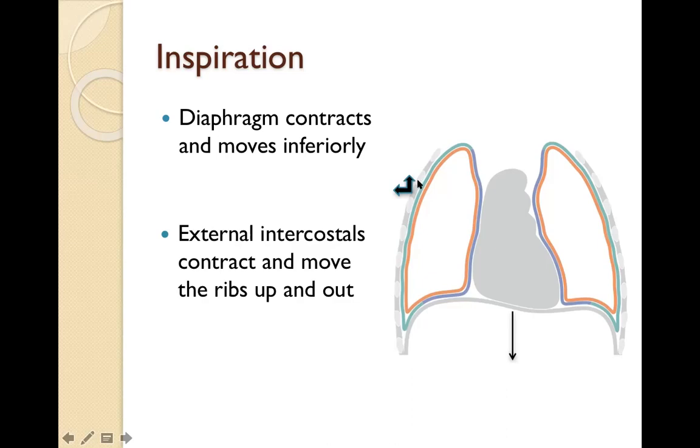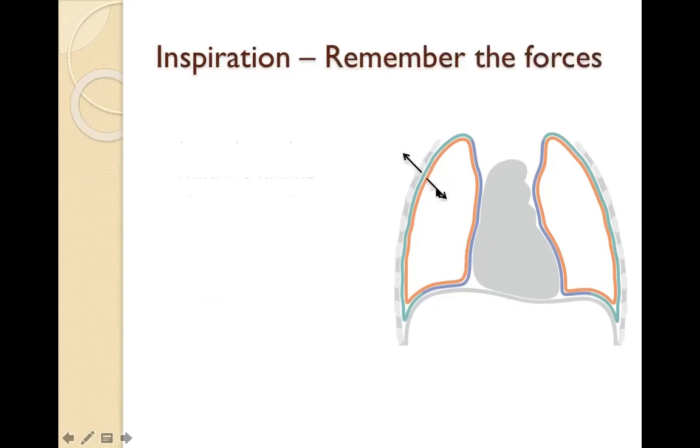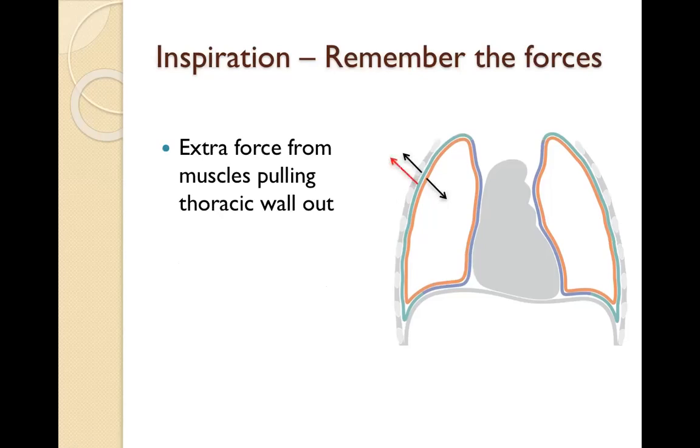which is actually kind of interesting because this is now a new force that's created on this thoracic wall. We had that equal force that was pulling inward and pushing outward. But now we've created a new force. So there's an extra force pulling the thoracic wall out.